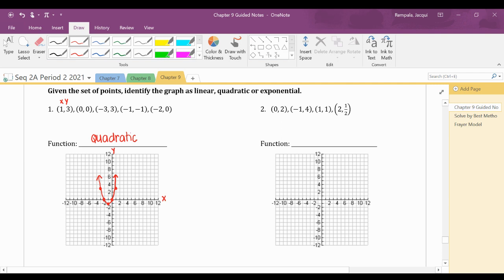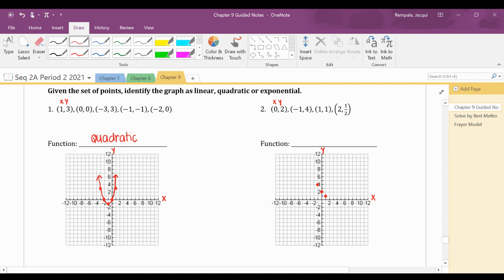If we look at the second problem, at the ordered pair (0, 2), remember, the first number means I'm moving left or right, and 2 means I'm moving up or down. But when it's 0, I don't want to move left or right, so I'm just going to go up 2 and plot my point. At (negative 1, 4), I move 1 to the left and 4 up. At (1, 1), we move 1 to the right and 1 up.